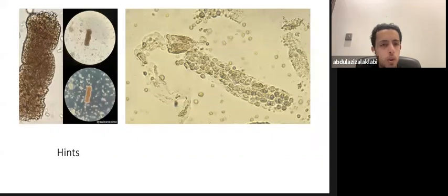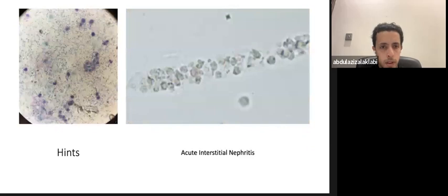Now, these slides are just showing you your urinalysis pictures, okay? Stuff you will find in acute tubular necrosis, such as the muddy brown casts. In acute interstitial nephritis, you will see urine eosinophils. Whenever we talk about acute interstitial nephritis, I like to talk about three very clear findings.